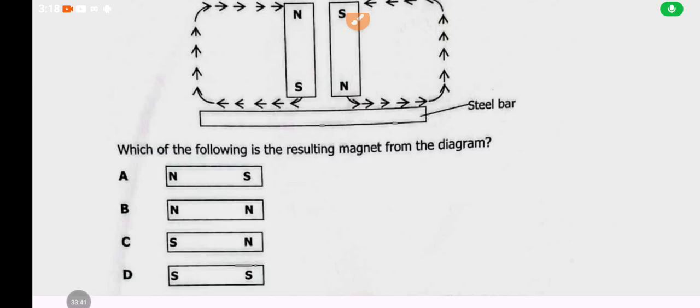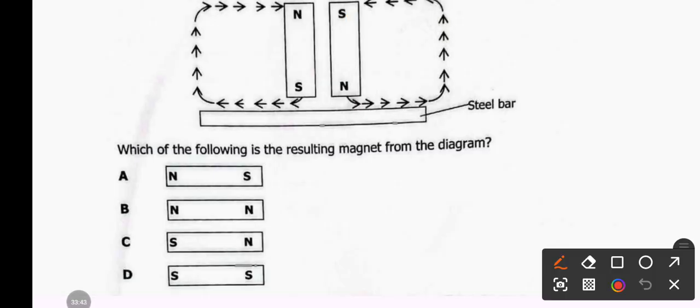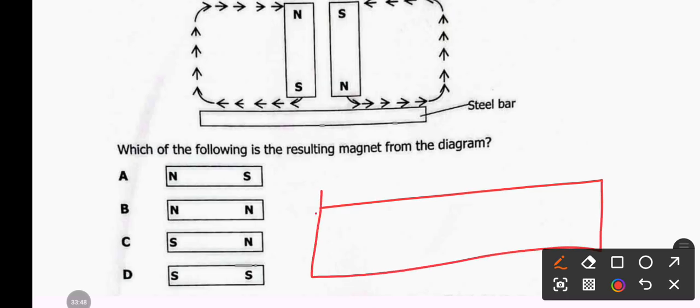All right. So here, for us to determine the polarities for the double stroking method, you have to know that if you're stroking with one pole like that, then the end where the stroking finishes, so in this case at this point, will acquire a pole opposite to the stroking pole.